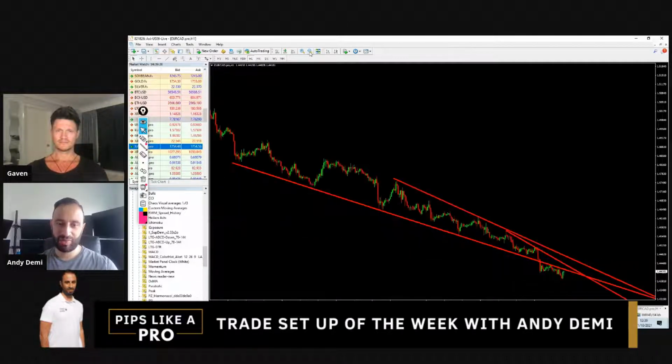The conservative play would be to wait for it to be over here. If you're quite conservative, you'd want to see maybe a break above and then look to buy it on a pullback potentially.